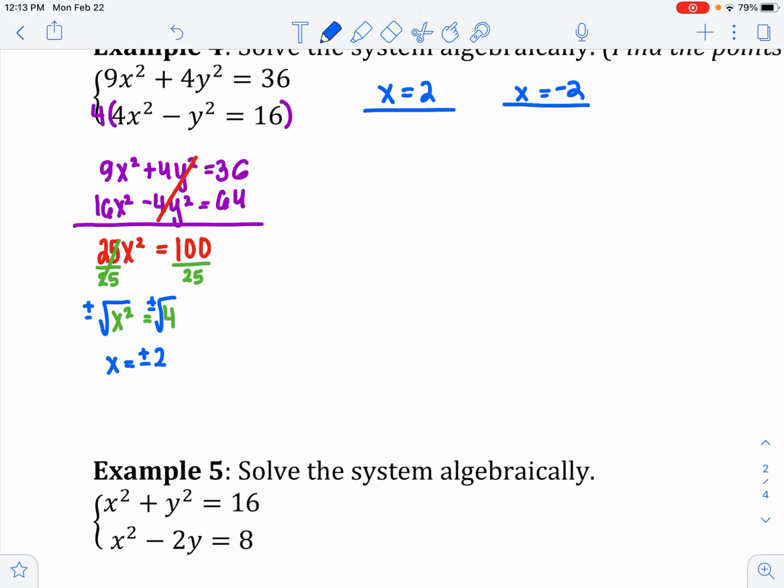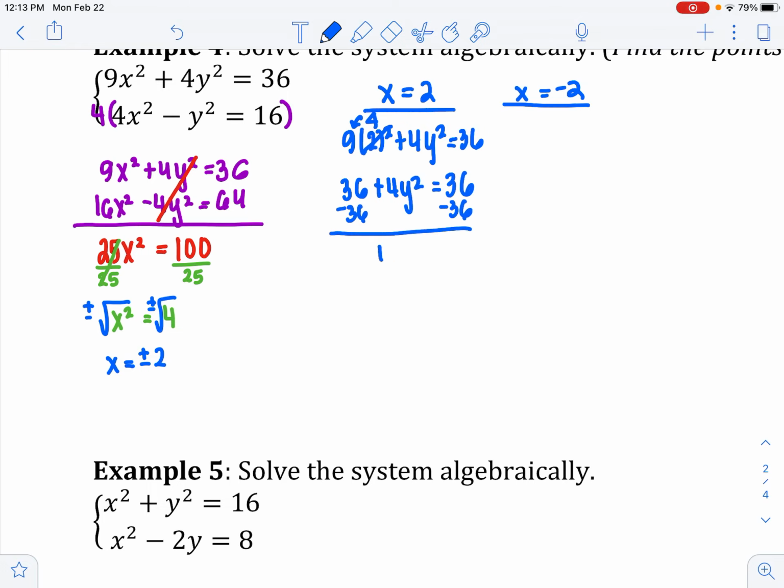So I need to plug in 2 for x. It doesn't matter which equation I pick, because they're both quadratics. Whichever one looks better to you, just use it. I like to use the first one unless one looks simpler to me. So I'm going to do 9 times 2 squared plus 4y squared equals 36. 2 squared is 4, 9 times 4 is 36, plus 4y squared equals 36.